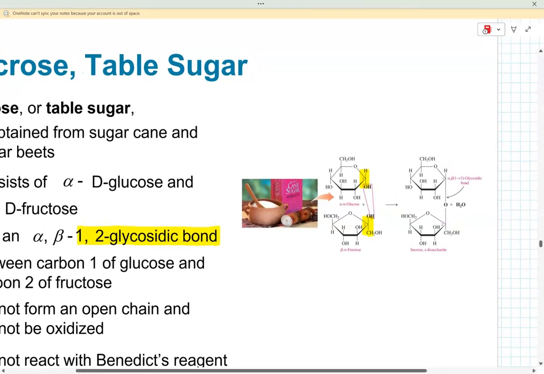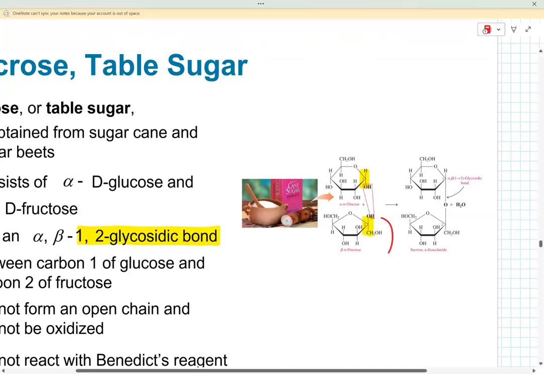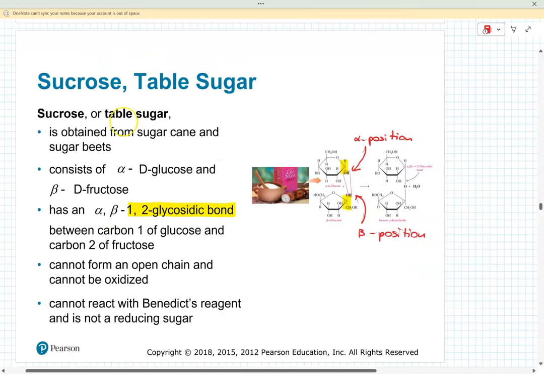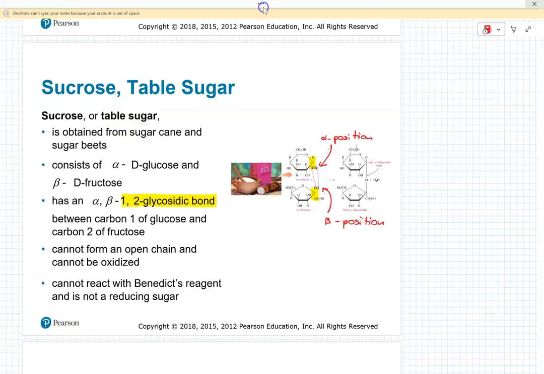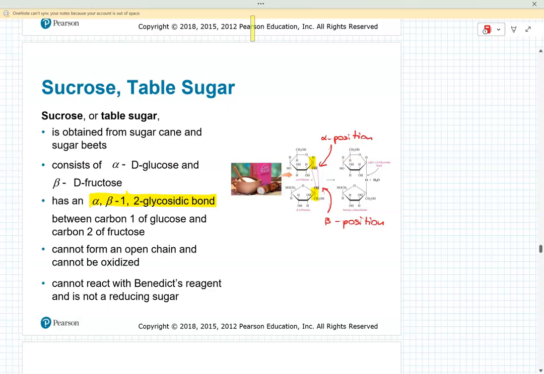Now, in this case, since this OH group here is in the beta position, while this group is in alpha position, we're talking about an alpha beta 1,2 glycosidic bond.